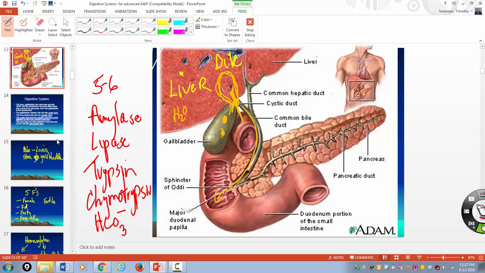So those are the common signs and symptoms. Right upper quadrant pain that can radiate to the back or the epigastric area, nausea, vomiting. In severe cases, you can get fever. And the most common cause of gallbladder disease is gallstones.